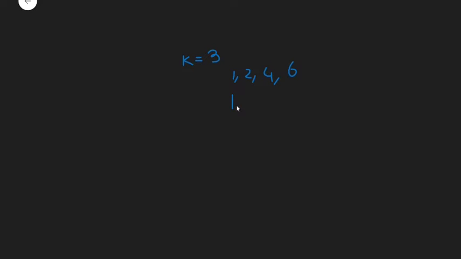Now let's say there is another list which contains 1, 2, 3 and 5, and there is another linked list which contains only one element, let's say 2 with 3. So these are the three linked lists, right? Now in the question it is given that the linked lists are sorted, so this is one of our advantages. So what we'll be doing here is using the concept of min heap.